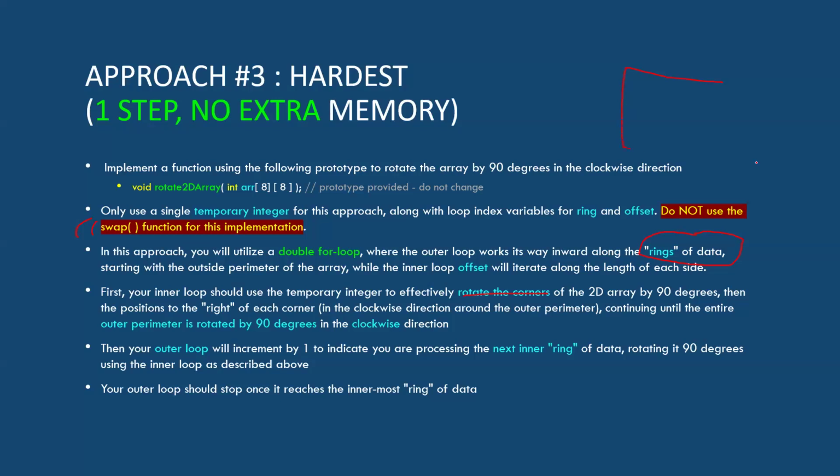If I have our 8x8 thing, imagine that we have our corners here, and I have a temporary variable over here. If I move this guy over here, then I can move this one to there, and this one to there, and this one to there, and then this one can go there, and now my corners are done. Now I move over by one, and I play the same game with these guys.